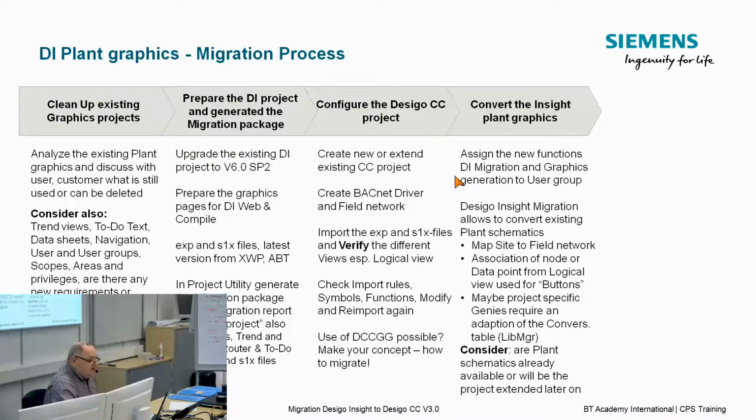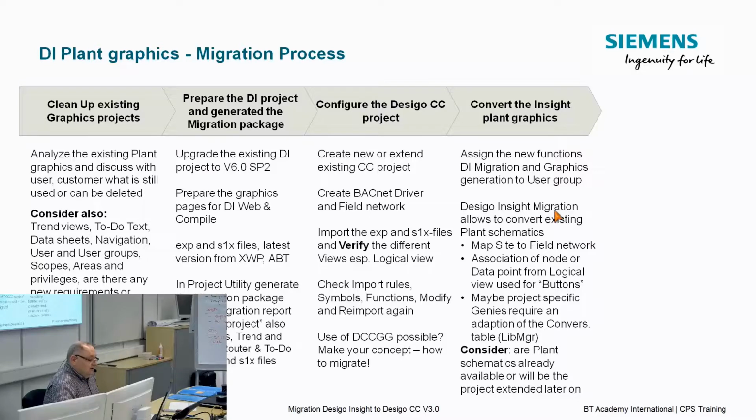Then convert the Desigo Insight graphics. So assign the new functions, the Desigo Insight migration. You need to have the access rights to be able to use the graphics migration.